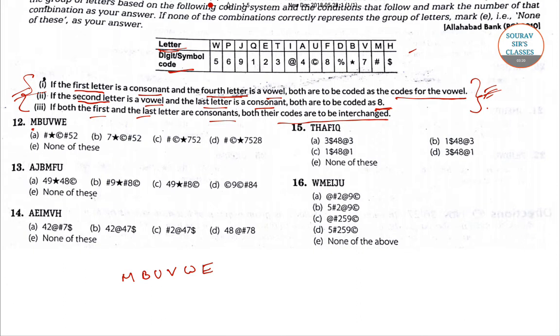Now here, none of these conditions are applied. Like the first letter is consonant, but the fourth is not a vowel, second is not a vowel, and both first and last are not consonants. So none of the conditions are applied.